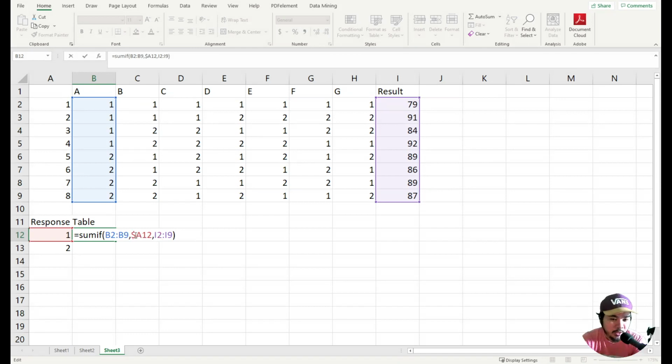So if I put a dollar sign, then it will be sure na hindi siya mag-move left to right pero mag-move up and down siya. Dito naman, yung range column natin, gusto kasi natin mag-move siya left to right, pero ayaw natin mag-move up and down. So ang i-fix natin is ito. Tama? And itong result, we don't want it to move at all. So gagawin natin is i-fix natin both.